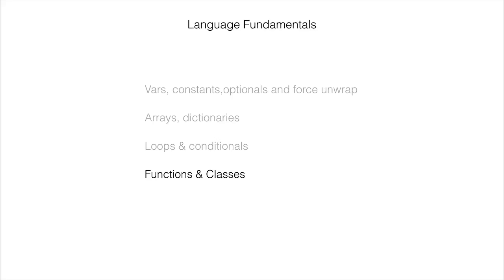We get into functions and classes as well. Now, this whole section, we're going to be working inside of what's called the playground. And in the playground, there's just kind of like a console where you're just typing out and executing code. There's no UI or IDE or anything like that. It's very basic.